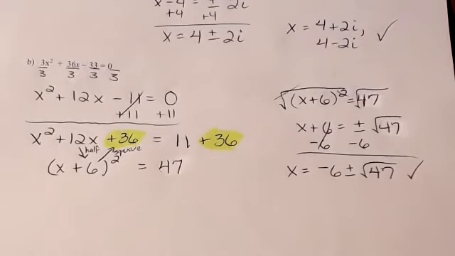I love this because you're able to use this technique literally anytime you want to solve a quadratic equation. Completing the square is one of your 3 strategies that you'll use to solve a quadratic equation. Solving means figuring out what the x-intercepts are, what those zeros happen to be.